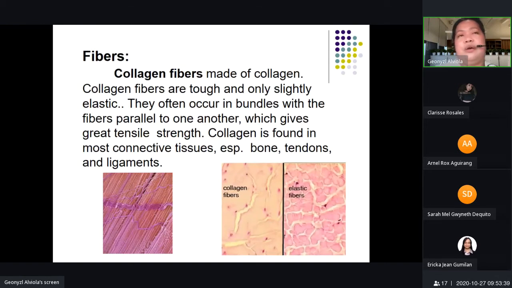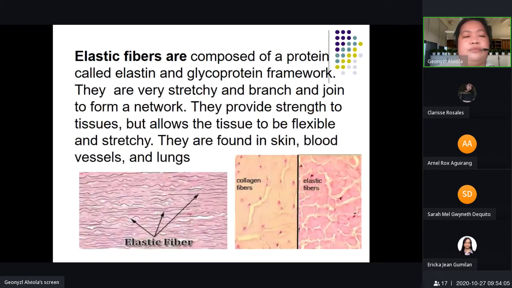Fibers. We already mentioned the fibrocyte, the fiber cells. Another, we have collagen fibers made up of collagen, a certain type of protein. They are found in tendons, and mostly in other tissues like dense irregular connective tissue and cartilage. Elastic fibers are composed of a protein called elastin.